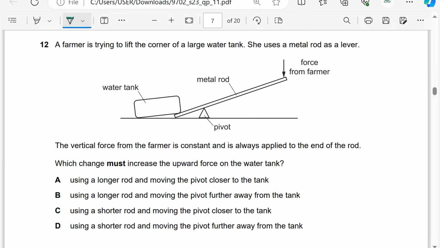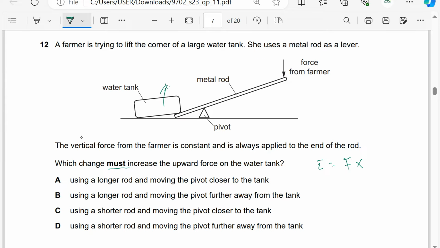The farmer is trying to lift the corner of a large water tank. She uses a metal rod as a lever. The vertical force from the farmer is constant, so F is constant, and is always applied at the end of the rod. Which change must increase the upward force on the water tank? We want to increase the upward force on the water tank. So we know that the moment of a force is the product of the force and the perpendicular distance.